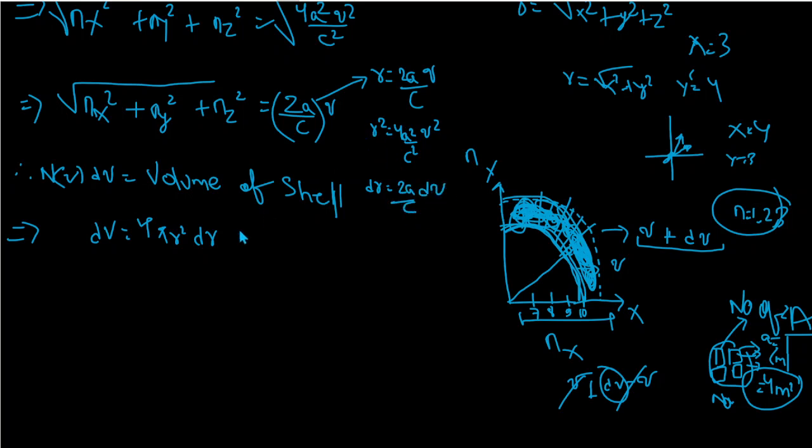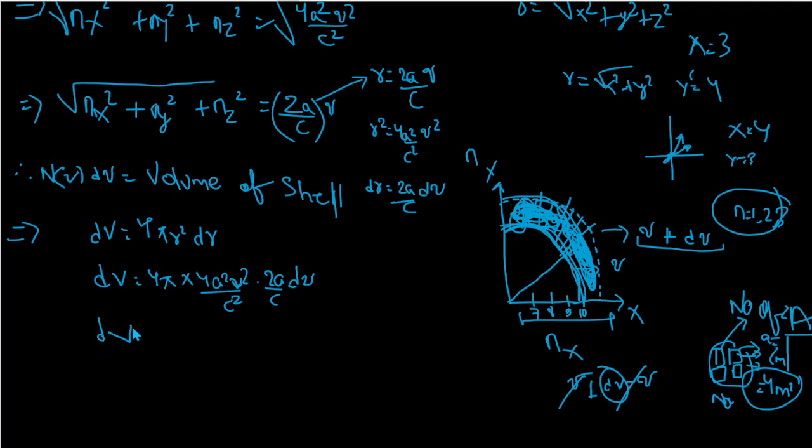Then substitute these two values, r square and dr, here. So now dV is equal to 4 pi times 4a square mu square divided by c square, into 2a by c d mu.